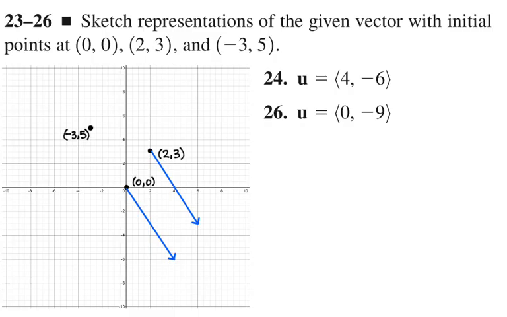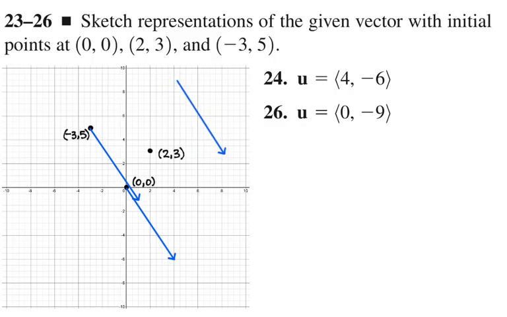And I'm going to have the same vector for coming from 2, 3, and the same vector coming from negative 3, 5. As I was mentioning before, these vectors don't have to be in any given location unless they told us so. And they told us so in this problem, to use 0, 0, 2, 3, and negative 3, 5. But this vector that I'm moving around, it's the same vector.